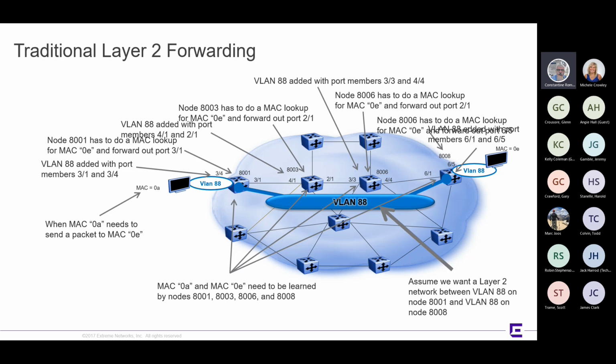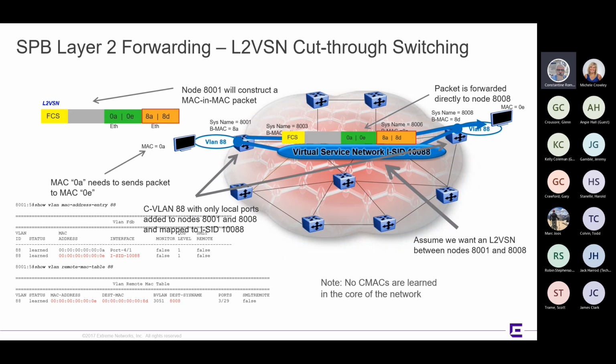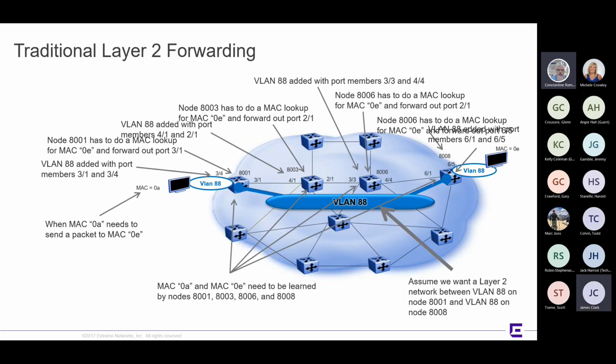It has to send it to the first switch, which sends it on to the second switch, which has to do its own MAC lookup to go to the third switch, which has to go to its own MAC table and do a lookup to send it on to the fourth switch. Those MAC addresses have to be learned on all these nodes in between.